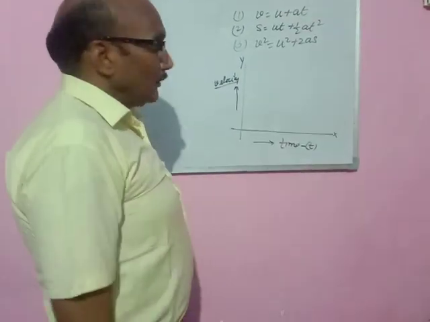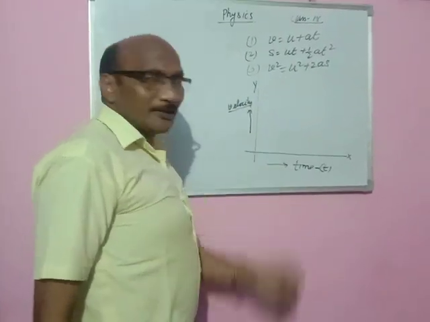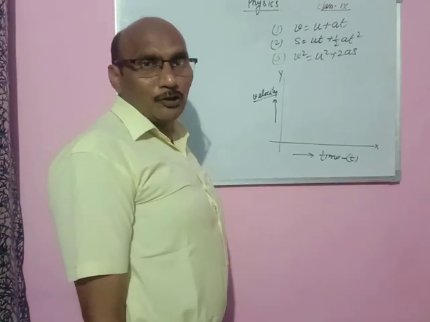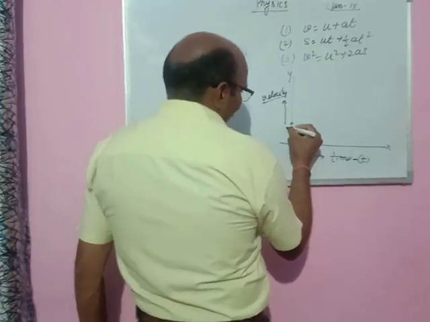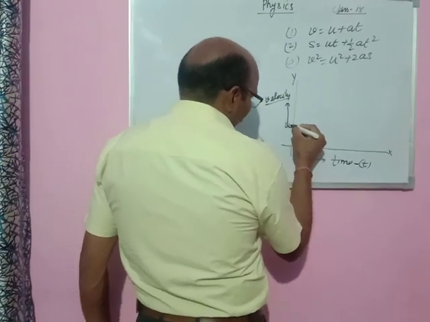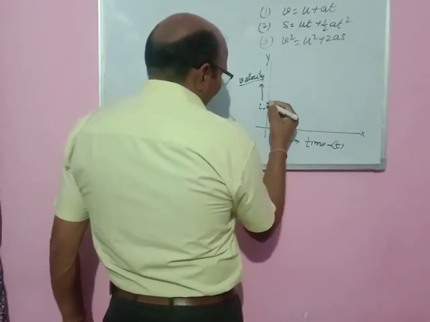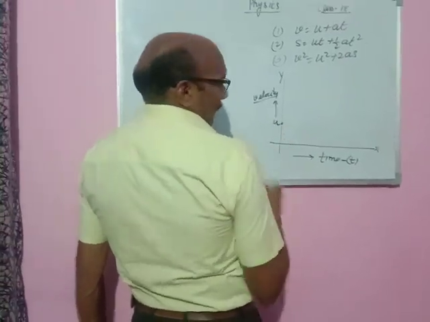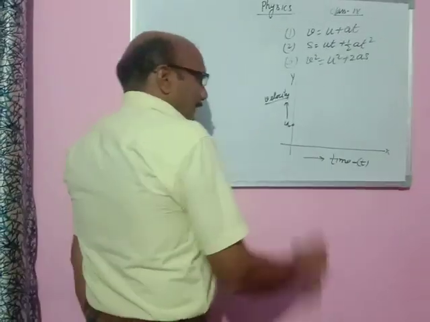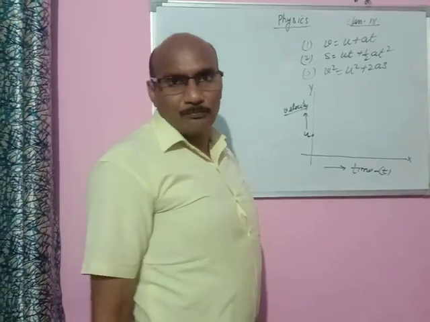When time was 0, the initial velocity of the object is u. At this point, this is u. When time is 0, the initial velocity is u.